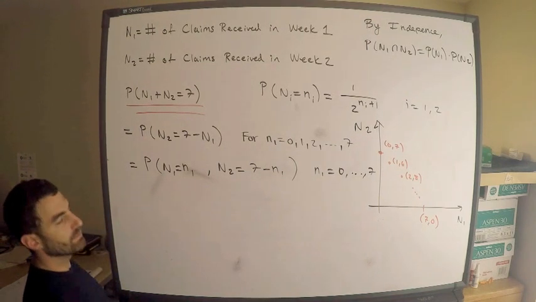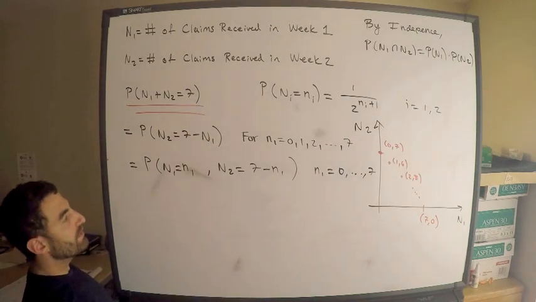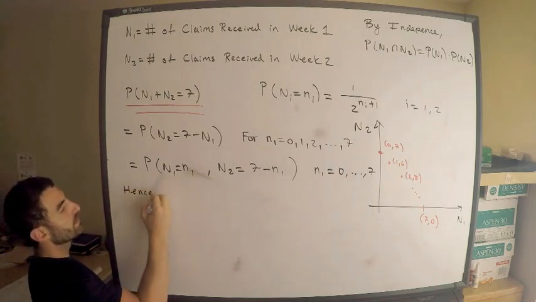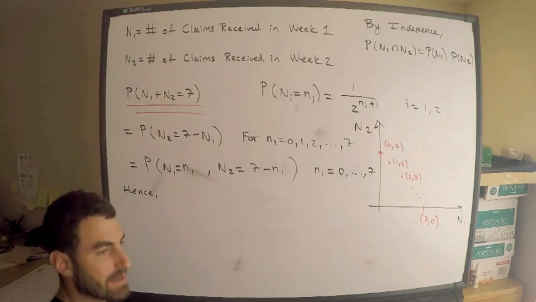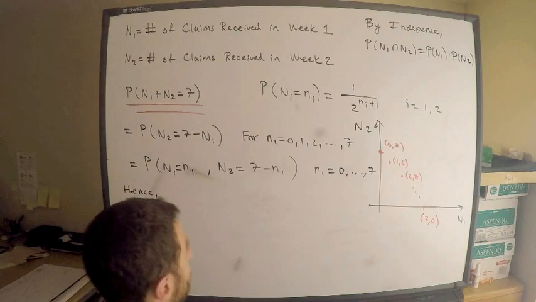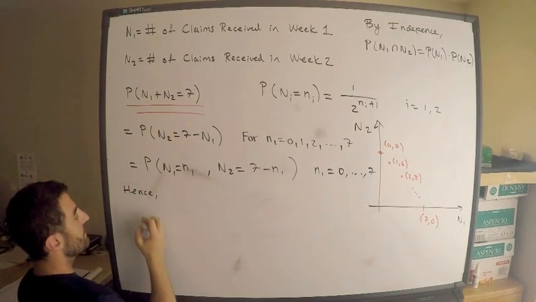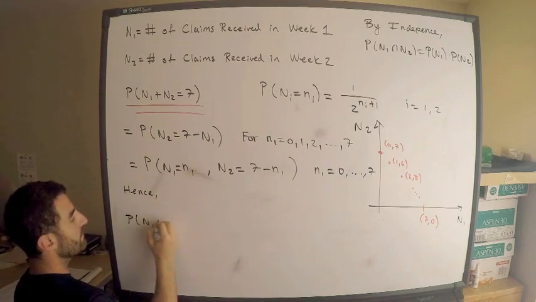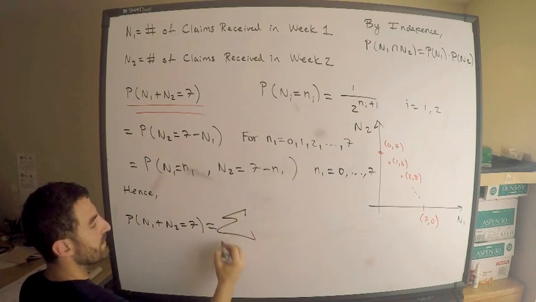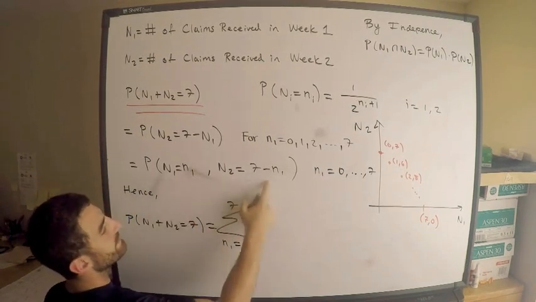And well, I'm not just going to evaluate these individually. The way you can think about this is, in order to compute this, we need the probability basically that n1 is 0, or n1 is 1, or n1 is 2, up to 7. So hence, the probability that n1 plus n2 is equal to 7 is the sum n1 equals 0 to 7 of this guy, right?